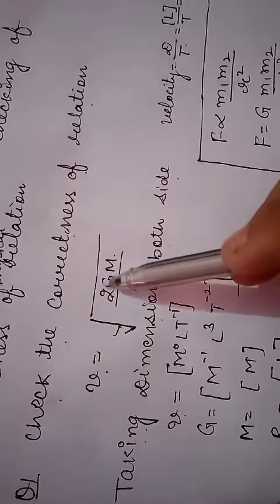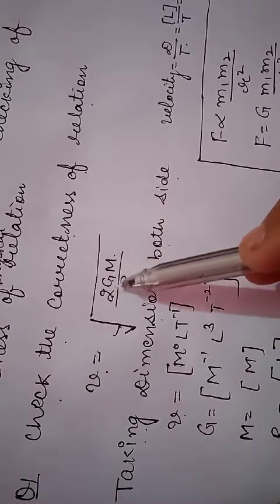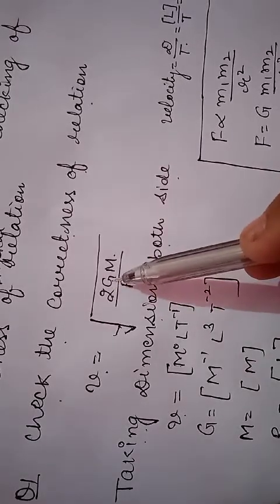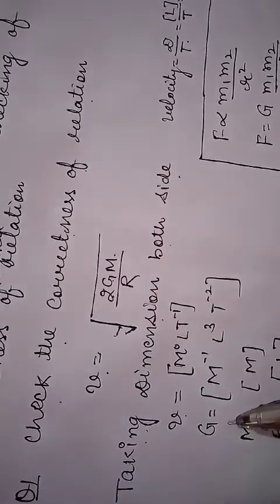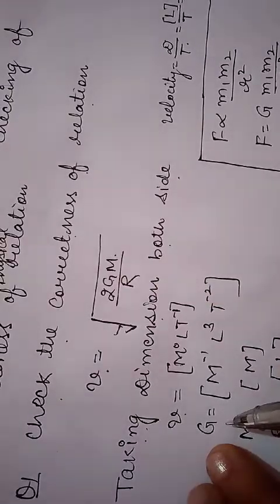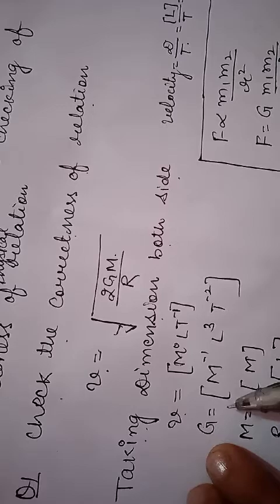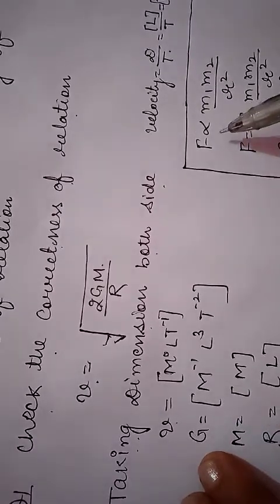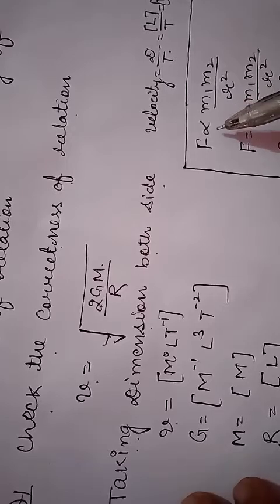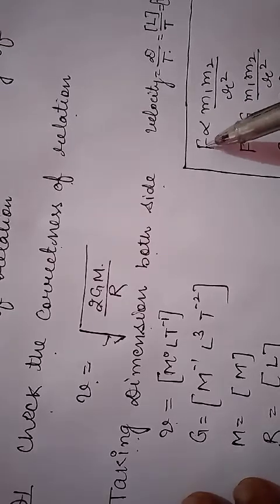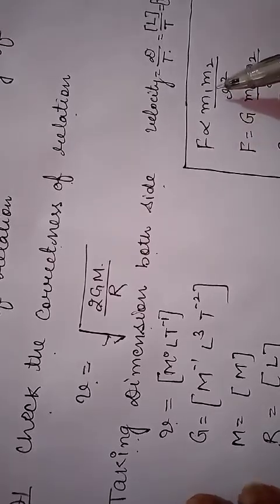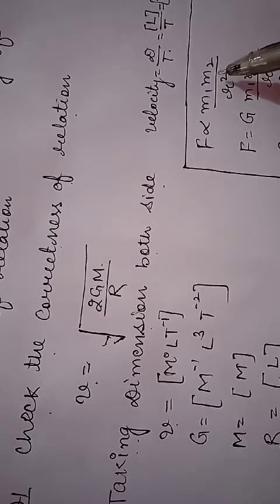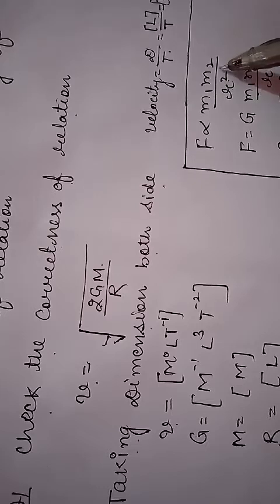Now we have to write the dimensions of capital G, the gravitational constant. How can we calculate them? We have to derive the formula. We know that the gravitational force between two bodies is directly proportional to the product of the masses and inversely proportional to the square of the distance between the two bodies.